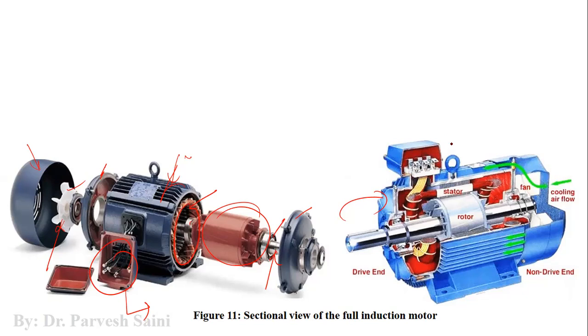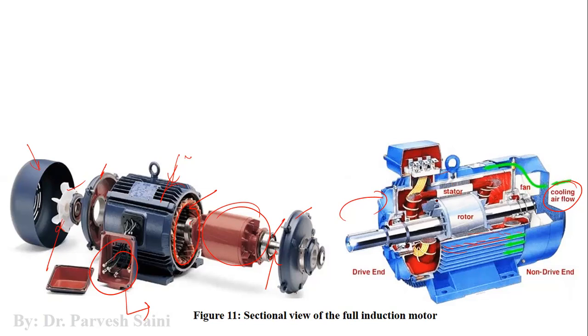However, we also have some other mechanisms to cool down the motor. We have these ribs basically. Because these ribs carry heat, when air flows through them, this air will take away the heat from the motor.